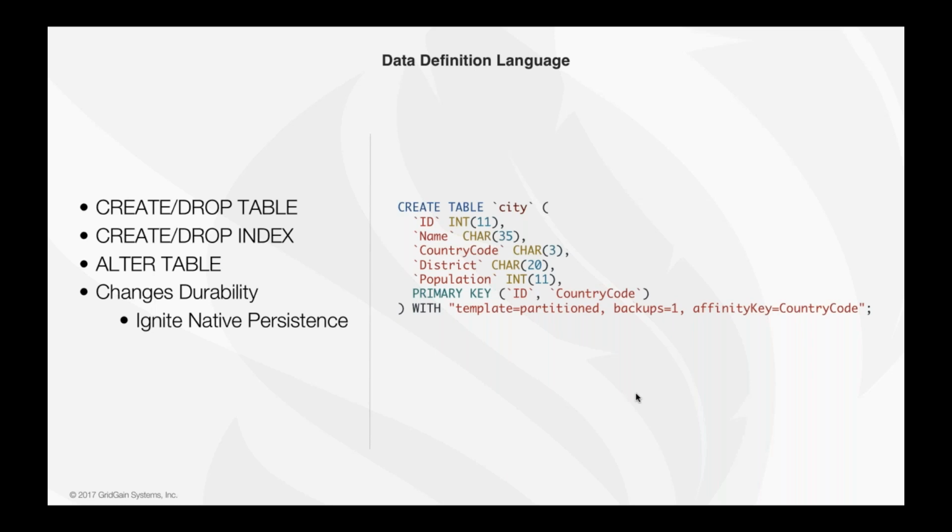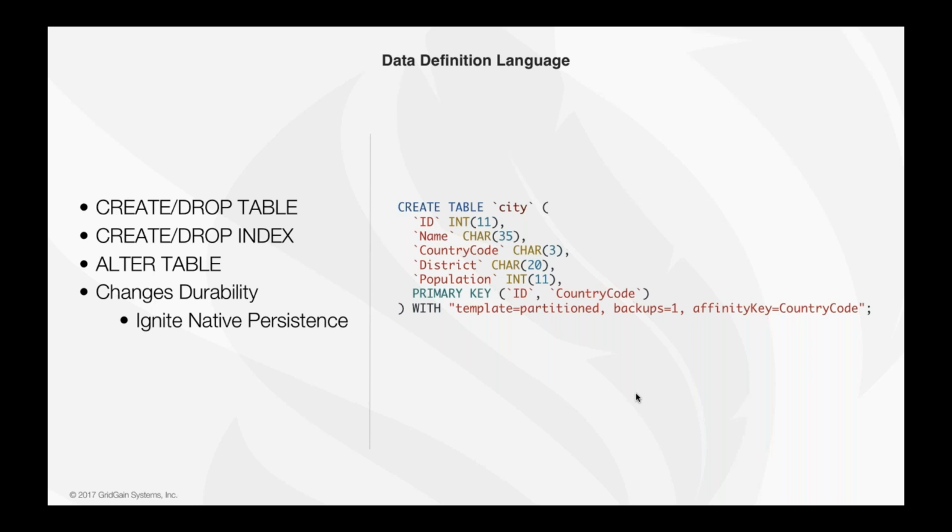Now here you can see with this particular create table statement, there are some additional keywords. There's a keyword WITH, template equals partitioned, backups equals 1, affinity key equals country code. So there are some small extensions there, which give Ignite some hints about what to do with this table. Here we're saying we want to keep a backup of this, it's important.